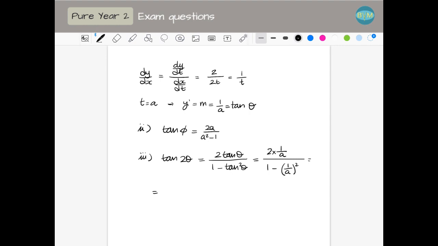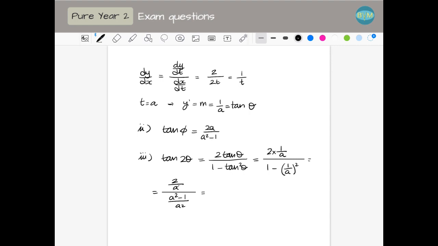So in the numerator I have 2 divided by a, and in the denominator, when I square this, I have 1 over a squared, so I have a squared minus 1 divided by a squared.